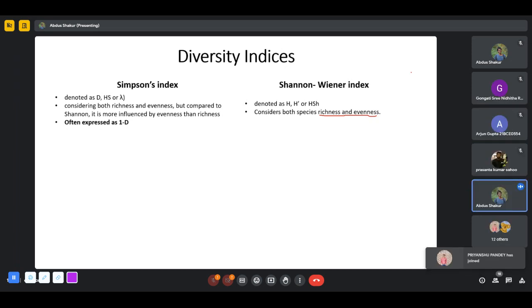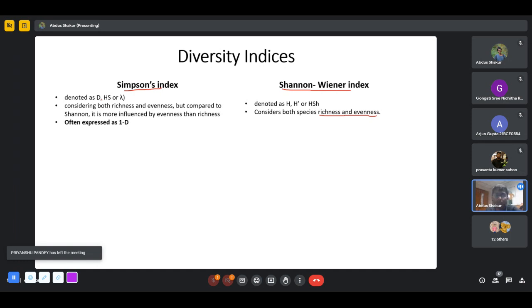The two indices that capture these are the Simpson's index and the Shannon Wiener index. There are multiple denotations for each of these indices. For Simpson, you can have D, lambda, or HS, while the Shannon Wiener index is also called Shannon's index. It's H or H prime.